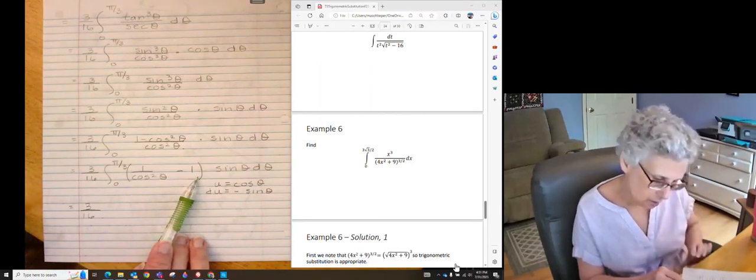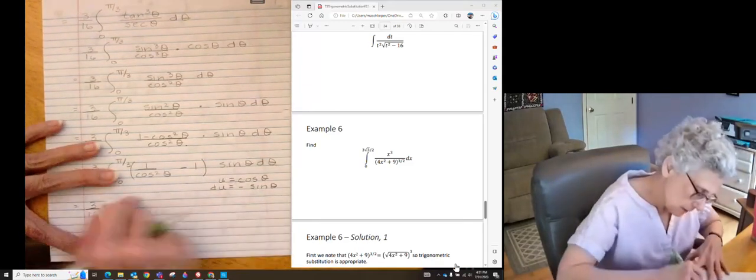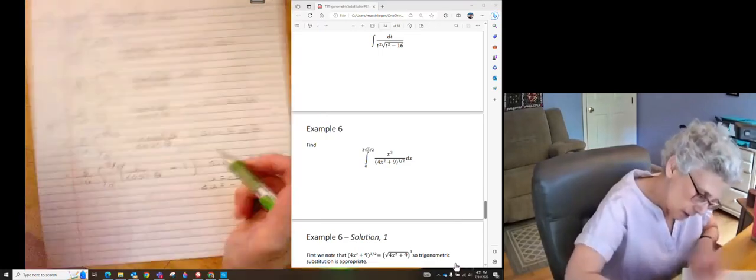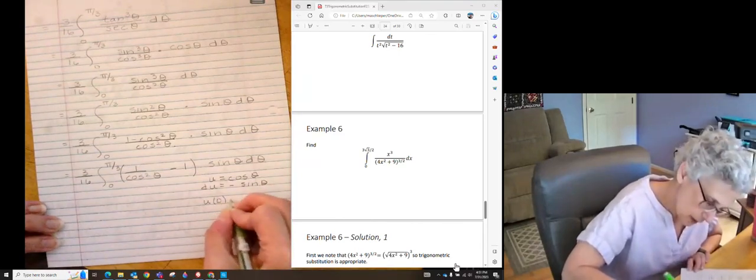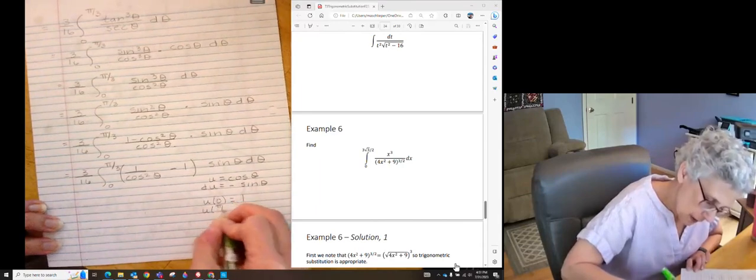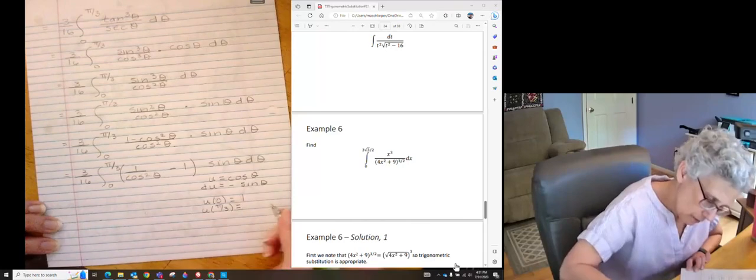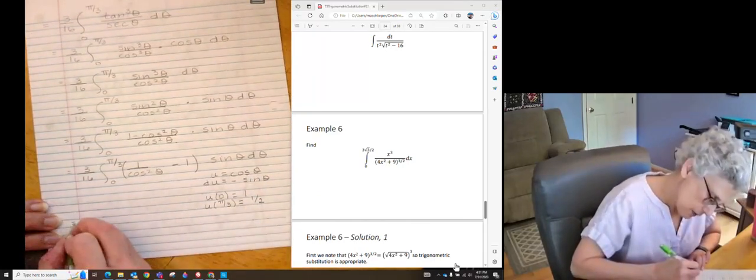Well, I guess I could. Okay, let's go ahead and do that. We'll update our limits of integration. u evaluated at 0 would be 1. u evaluated at pi over 3 would be cosine of pi over 3, which is a half.